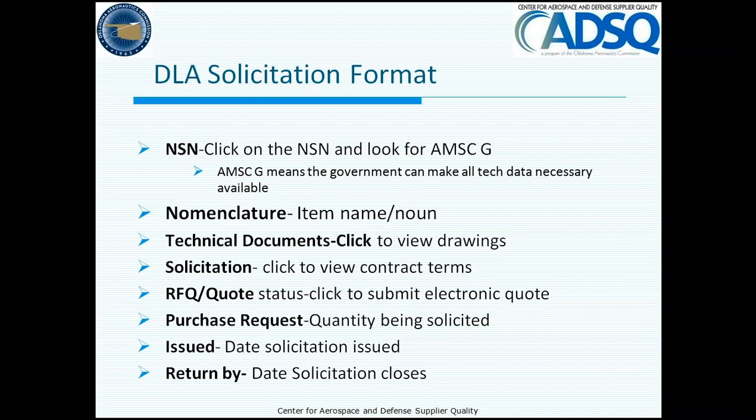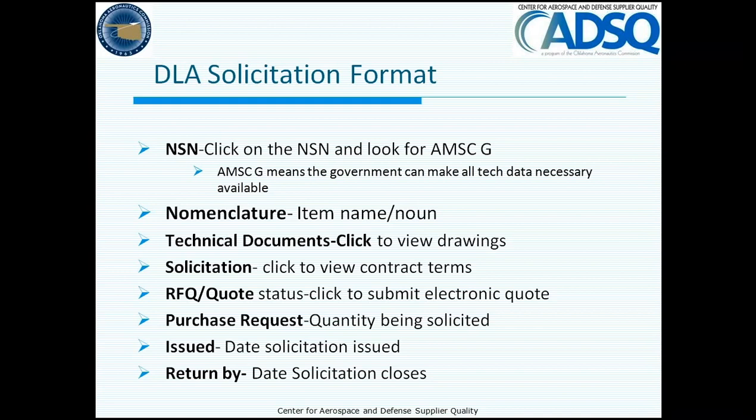If you wish to quote it after you've looked at the drawing, you just click on quote, and it'll take you to some forms that ask for information about your company and your price. It also asks questions about the item, such as: are you making it yourself? Is it surplus? Are you making it in this country? Where are you making it? You fill out that information, put your price in, hit send, and that's your bid.